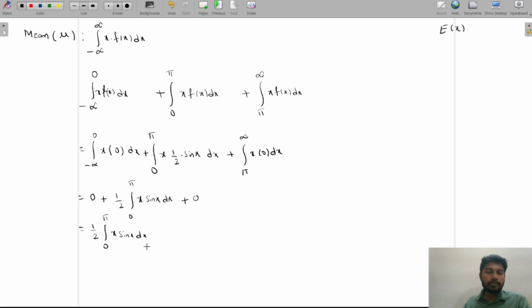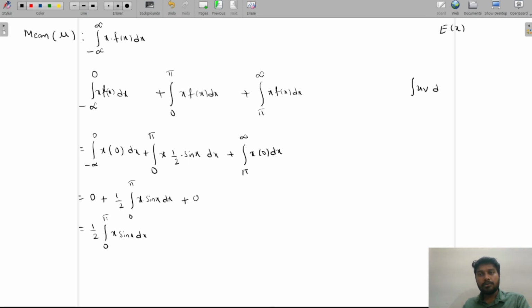This is the left term. Now I have to integrate this. Before integrating, which formula will be applicable? It is the integration of uv formula.